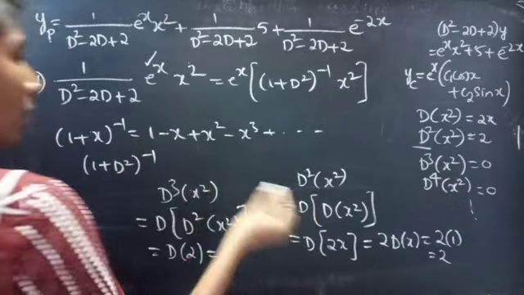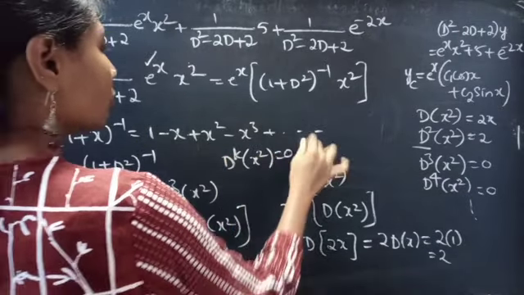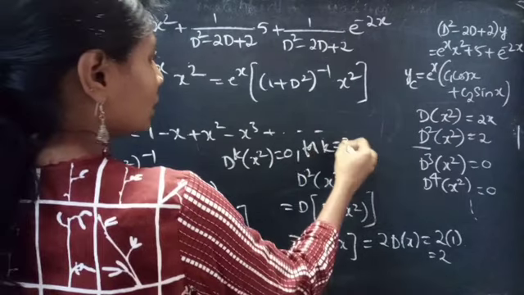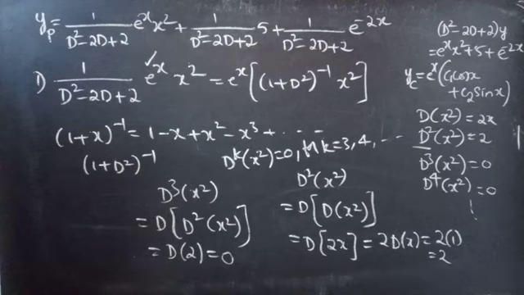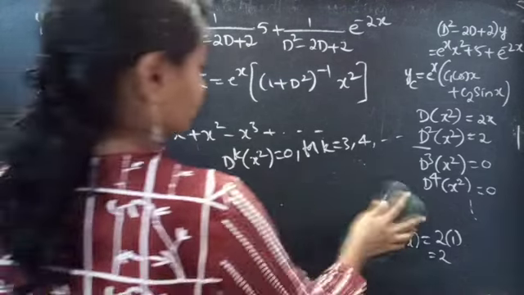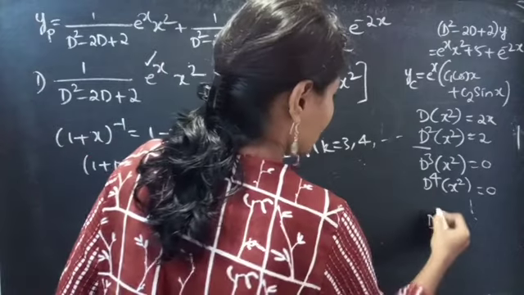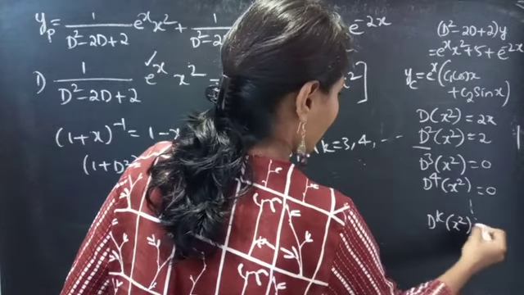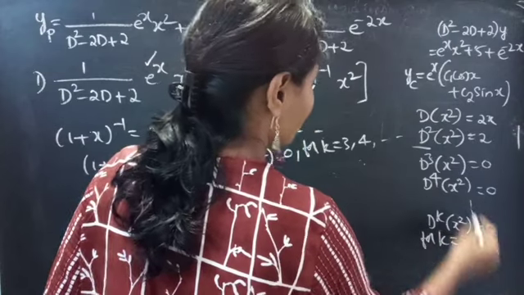In general, we can write D power k of x square equals 0 for k equals 3, 4 and so on, right?